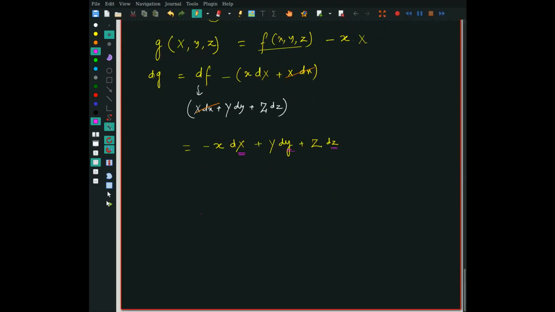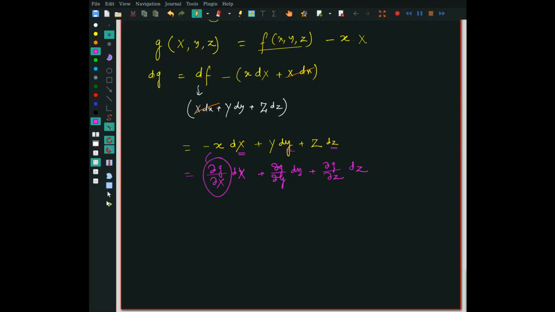Now if you identify this thing as del g del X dX plus del g del y dy plus del g del z dz, you get an interesting relation saying that the quantity del g del capital X would be your minus x.